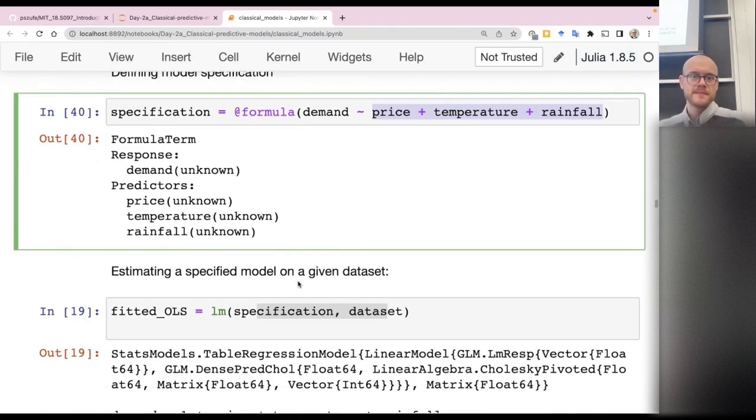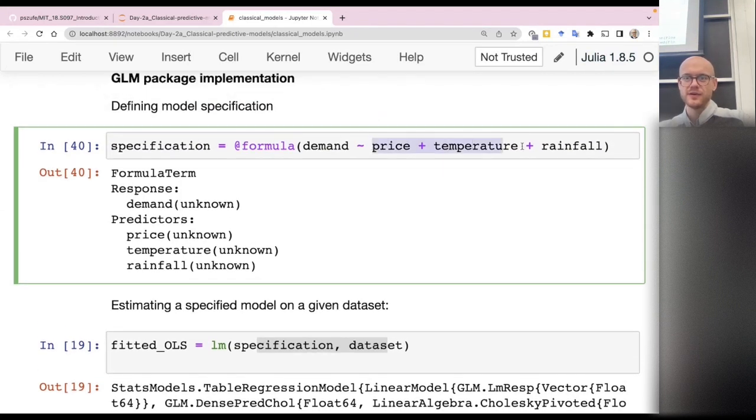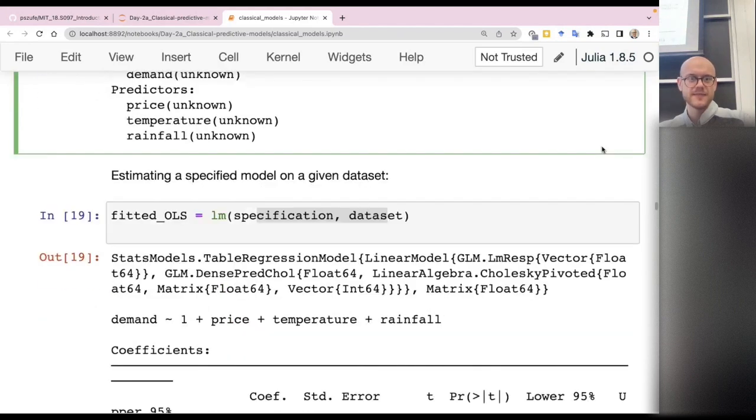Indeed. Good. So we have this model specified as follows. We know, as the data process creator, that price and temperature are the correct drivers, the correct variables, while rainfall is not necessary, but we are still keeping it here.